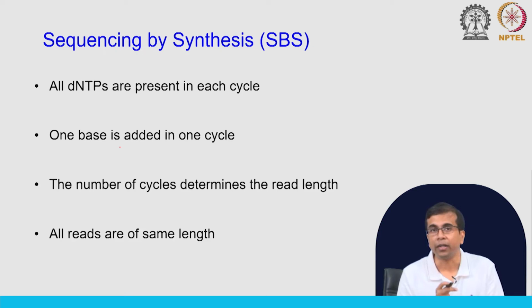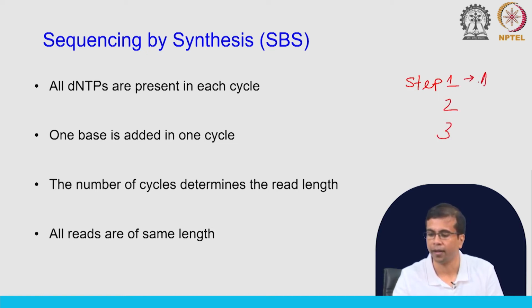What it also means is that the number of cycles will determine the read length. You are controlling the number of cycles of base addition, signal detection and cleavage. We have talked about these 3 steps: step 1, 2, 3. Here is the base addition, then we have detection, and then you have the cleavage.